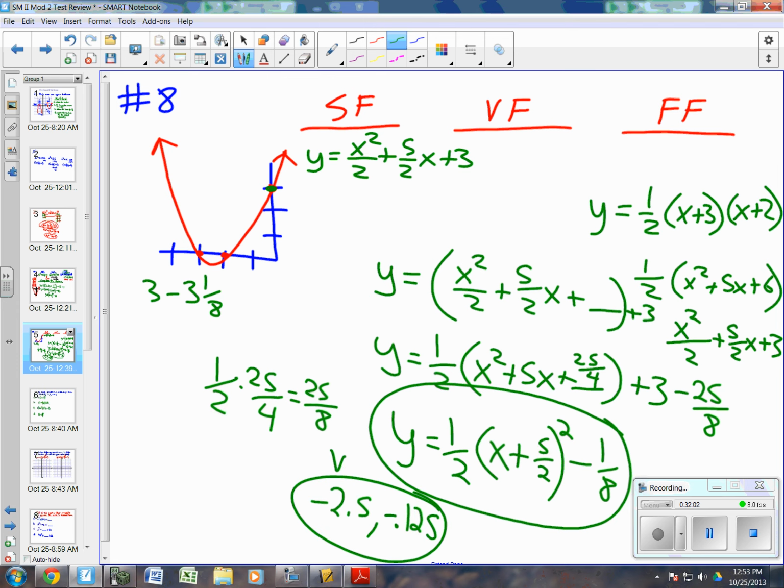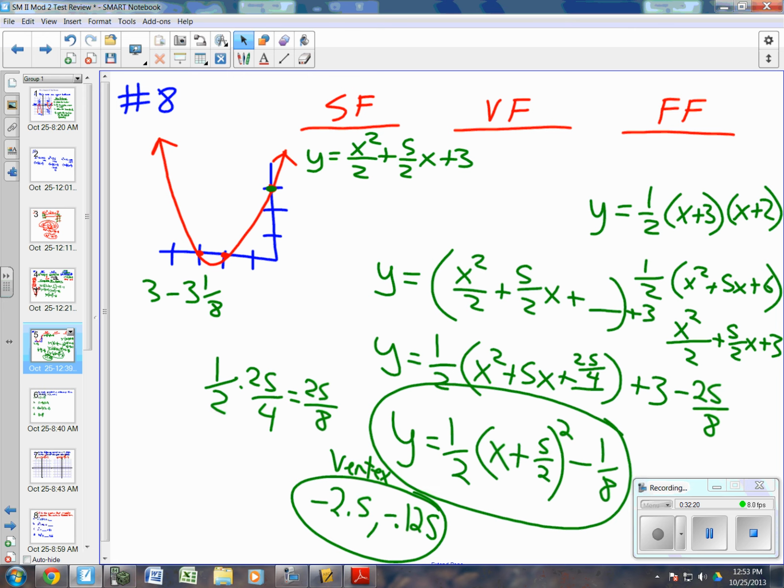There's my vertex right there. You guys notice when we went over to negative 2.5 and we just went down an 8. So it was a really small number you go down. So there we go.